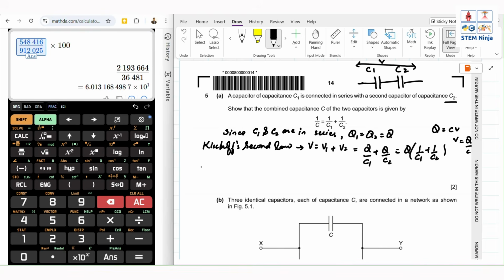When you take Q to the other side, V over Q, which is going to be 1 over C effective, is equal to 1 over C1 plus 1 over C2. So therefore, 1 over C is equal to 1 over C1 plus 1 over C2.